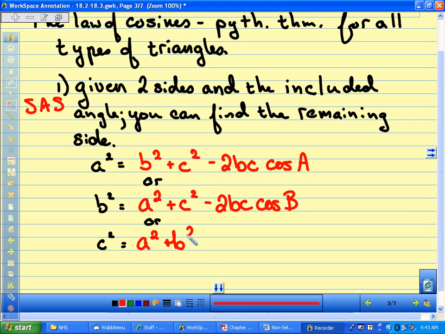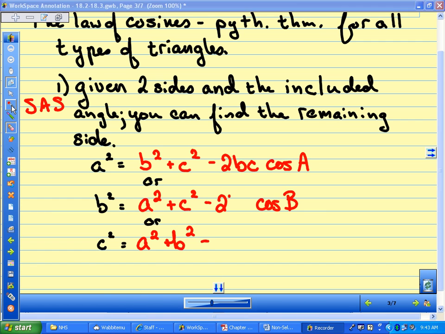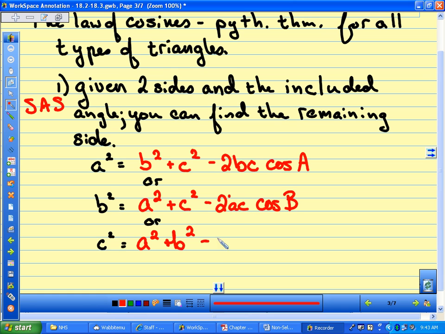A squared plus B squared minus 2AB cosine of capital C.